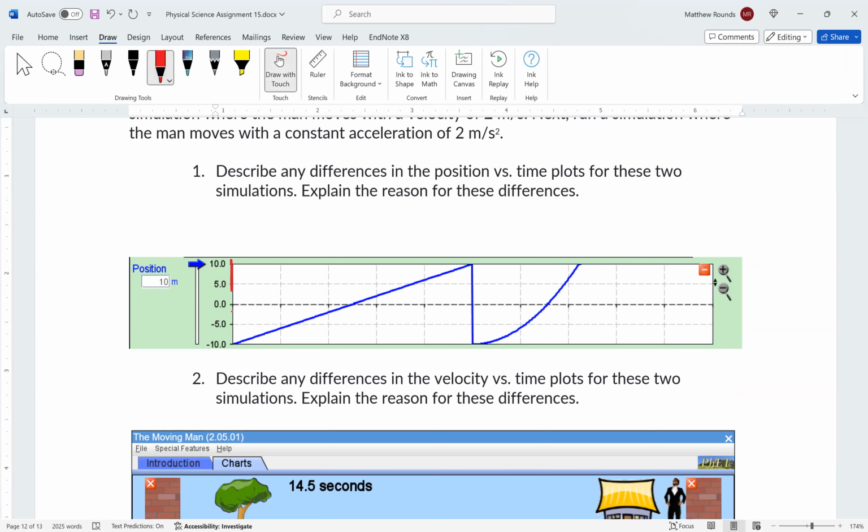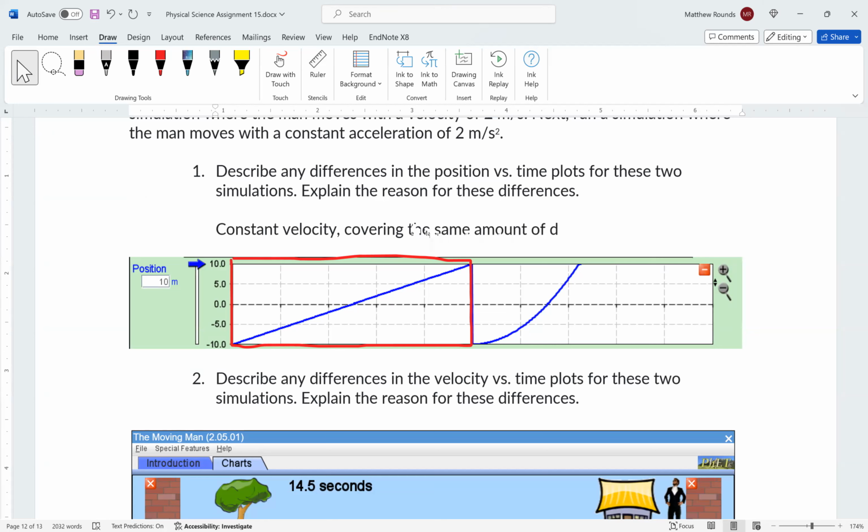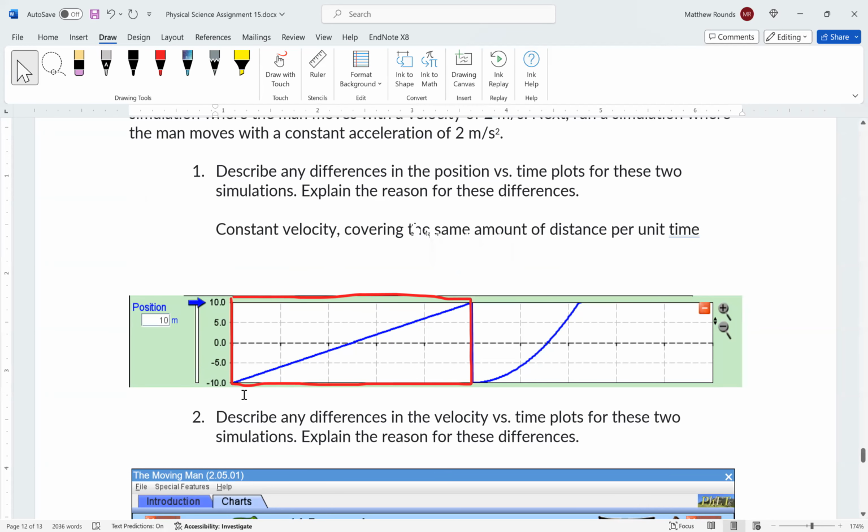Okay, so we're looking at, this was the constant velocity. And in the constant velocity, we said that he's covering the same amount of distance per unit time. That's what this line indicates. It's like when you're on the interstate and you're just going at the same speed.